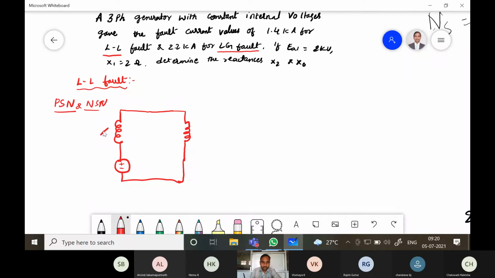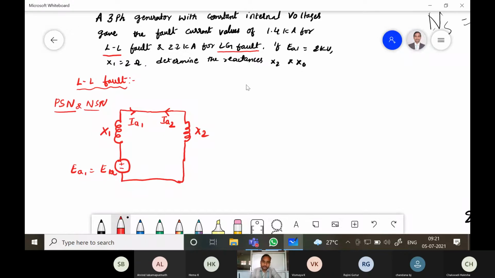In this one, this becomes x1, this becomes x2, and the current flowing is called IA1 and this is called IA2, and this is EA.